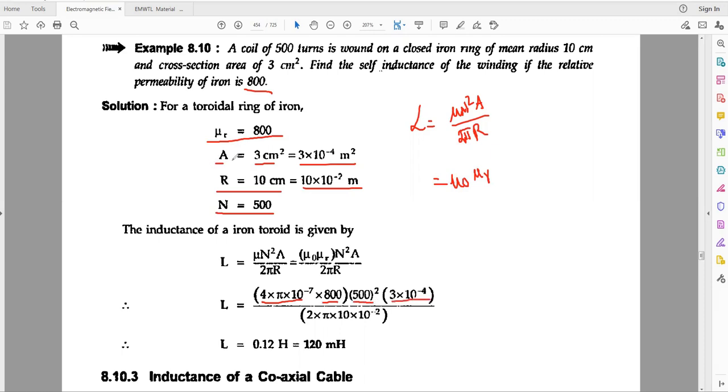And the area is directly given, 3 into 10 to the power of minus 4 in meters, divided by 2 pi r, where the mean radius is 10 centimeters, in meters 10 into the power of minus 2. Calculate that, and you'll get the inductance L is equal to 0.12 Henry, or 120 millihenry. Got it, Magnetostatics?